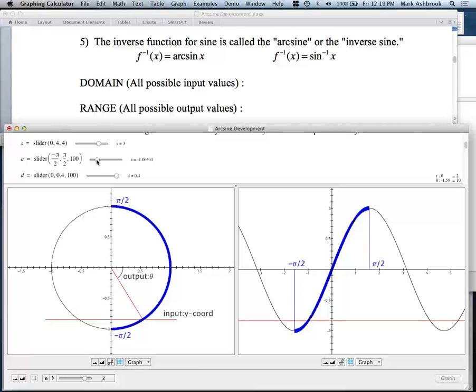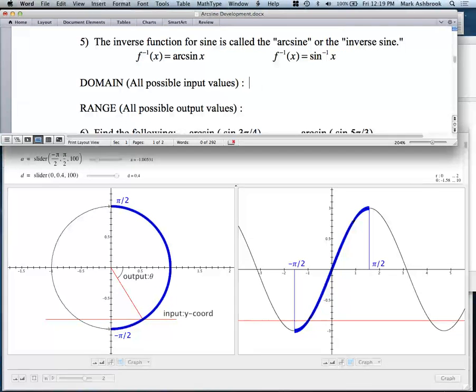Okay, let's see what you thought. Adam, what about the domain of this reverse process? So what's the least to the greatest that we can put into this function? Okay, so we're talking about all possible inputs.